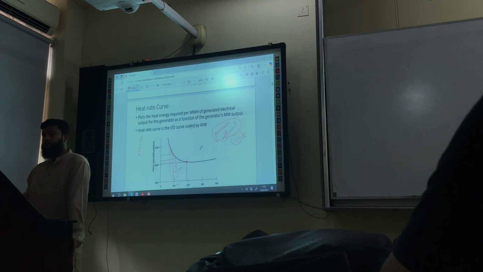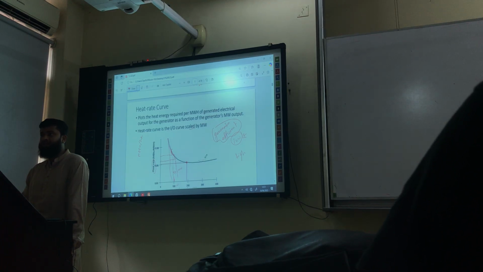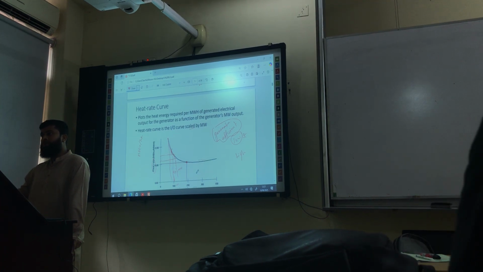But whenever the turbine is rotating at rated speed, and all the equipment is working finely, the generator efficiency will be high. At that time you will see that this is almost a flat line. Have you understood this? A flat line means that to generate 1 megawatt additional power, you need a uniform increase of heat input energy.